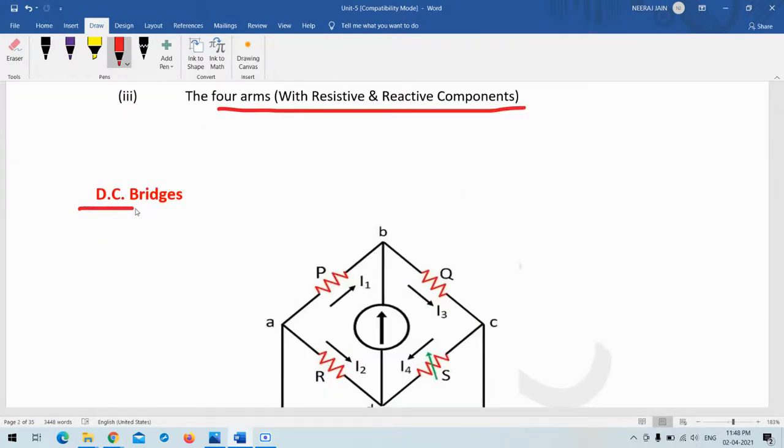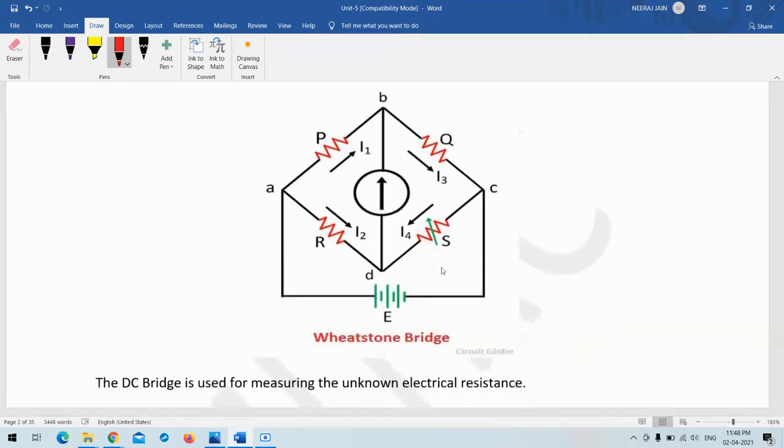Now come to the DC bridge. DC bridges are used only for resistive elements, because here we are using the DC supply, and for that f is equal to 0.